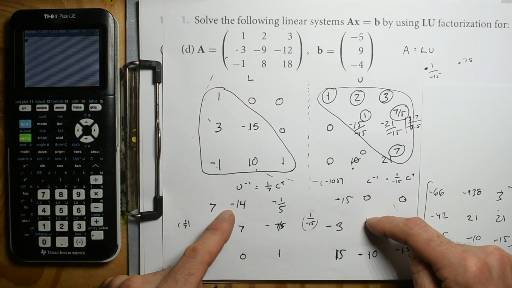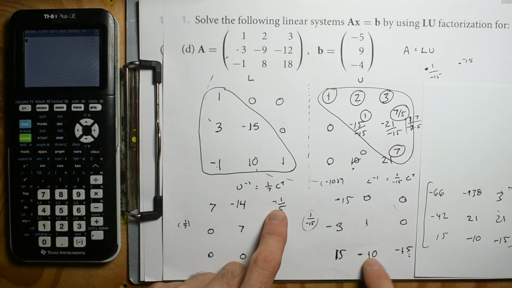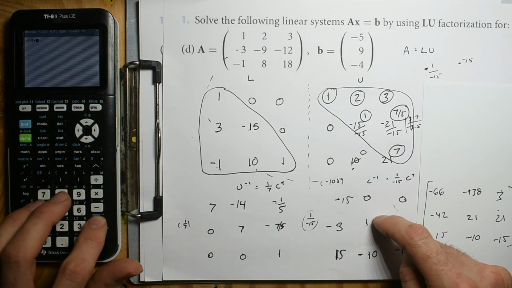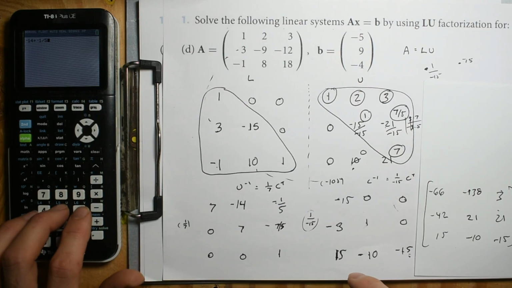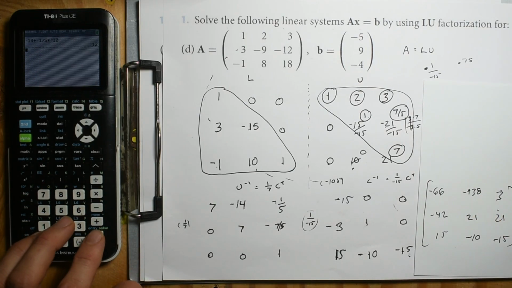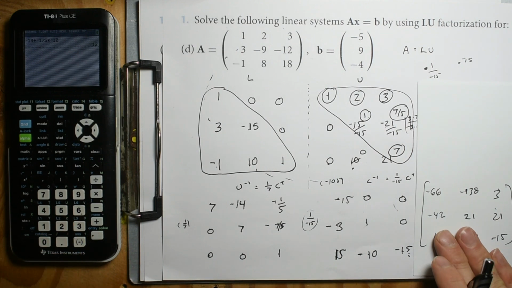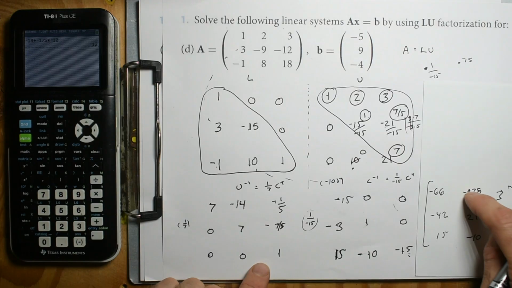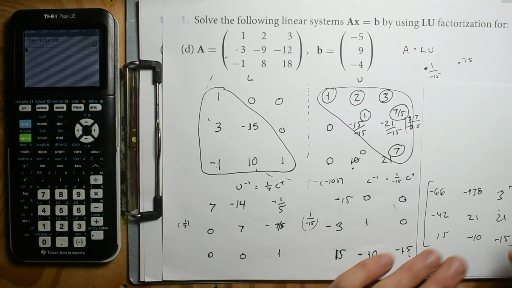So we have negative 14, and it was probably using this thing: negative 14 plus negative 1/5 times negative 10. Yeah, this is negative 12. My bad, I probably didn't divide. So this value right there is negative 12.